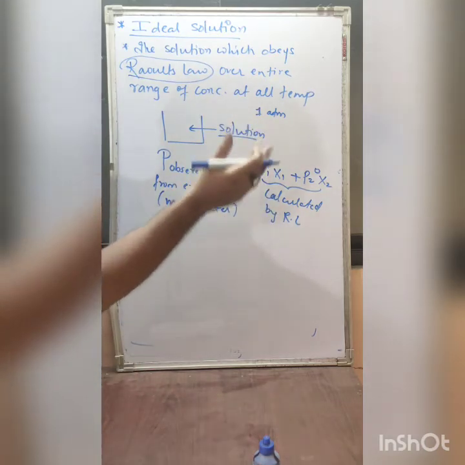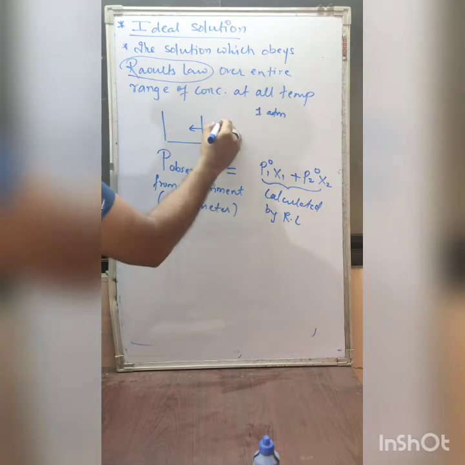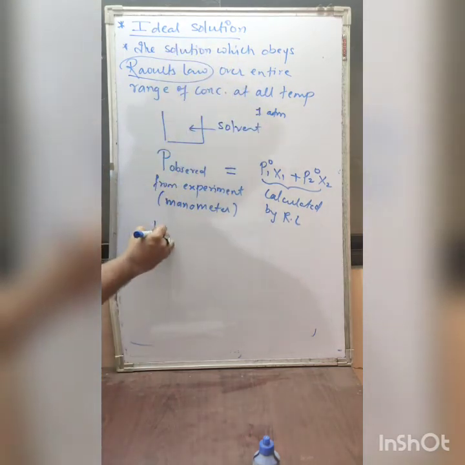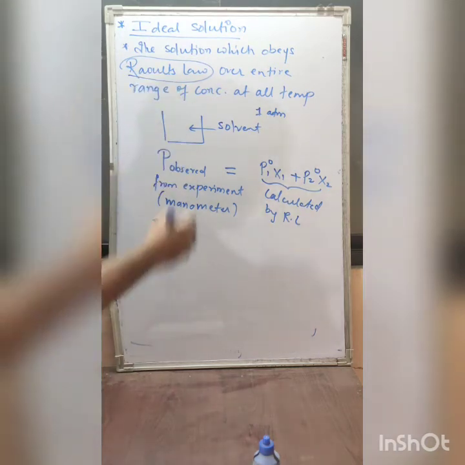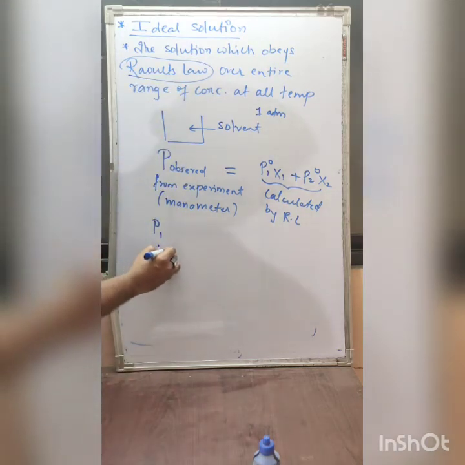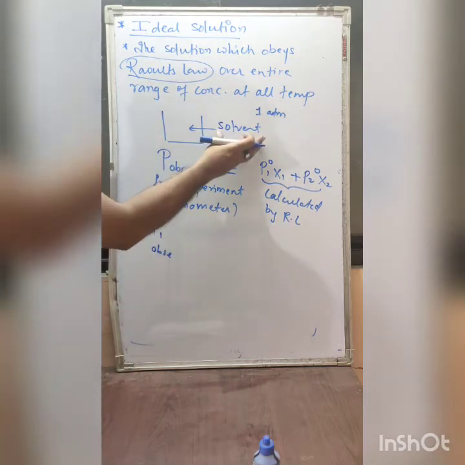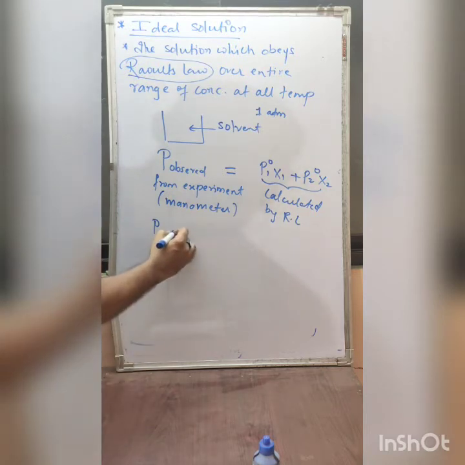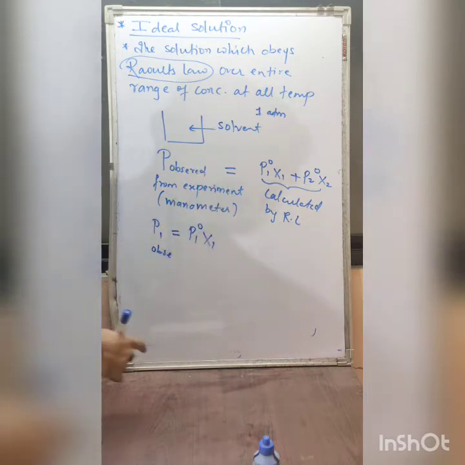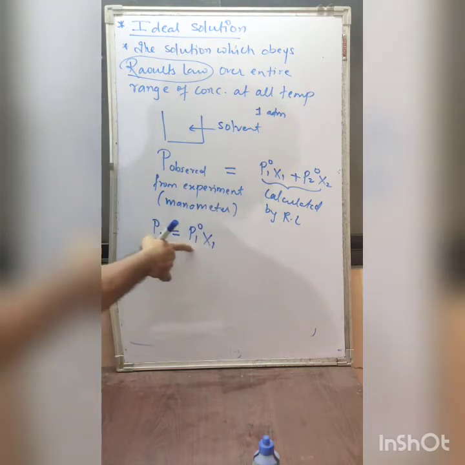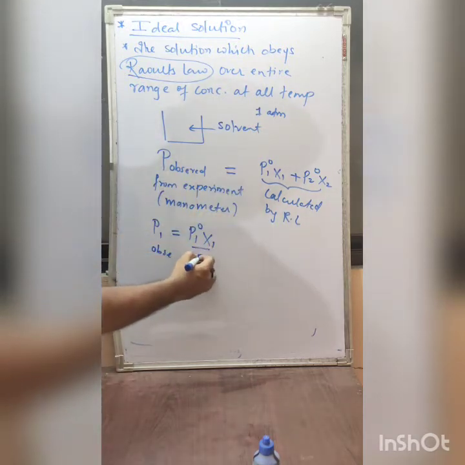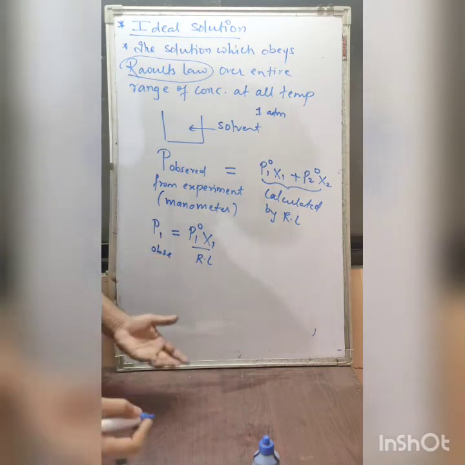Same here, for an individual component, meaning I am just having a solvent. Suppose I had a solvent whose vapor pressure is P1, that is the observed vapor pressure. I found the vapor pressure of this solvent by the experimental condition, which is equal to, as per Raoult's law, P1⁰x1. So when we find the vapor pressure of the same component using Raoult's law, both were the same.